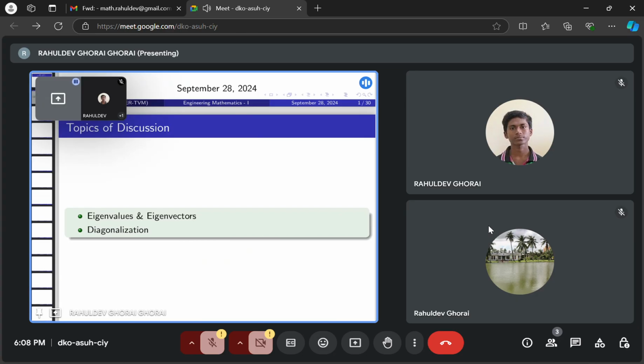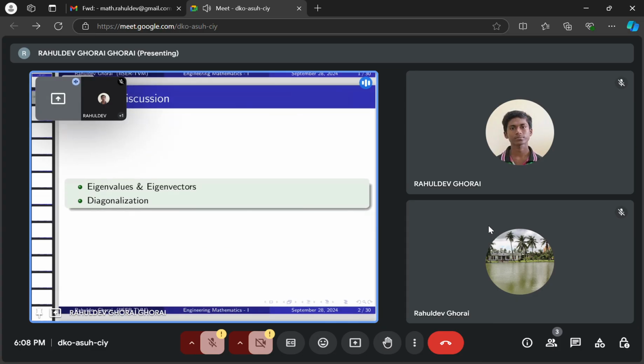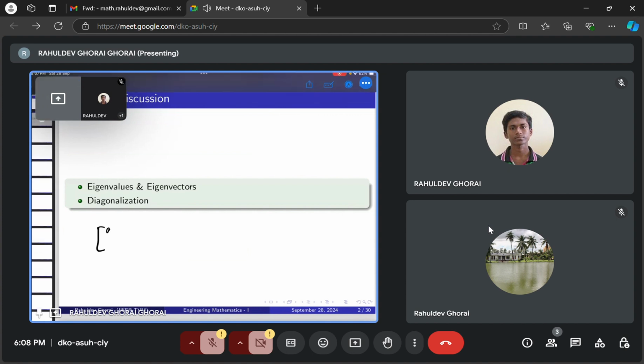To begin with, if you have a matrix A, let's say a 2 by 2 matrix, how do you compute the eigenvalues and eigenvectors of this matrix?